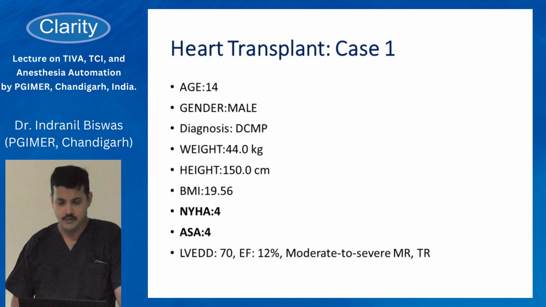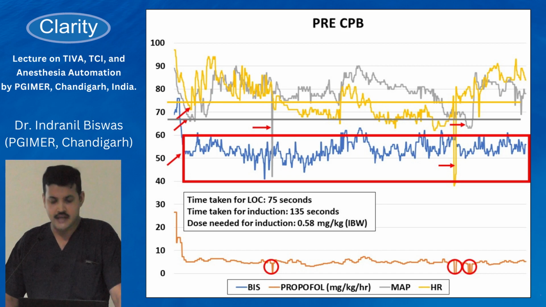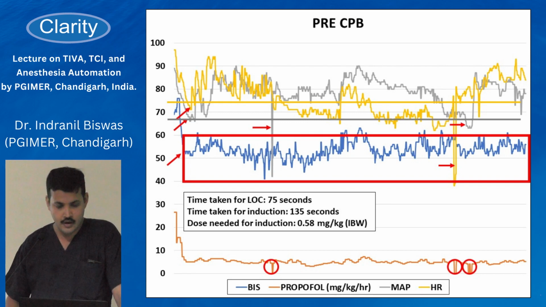So let's see how CLADS performed in the pre-CPB period. This is the time graph of mean arterial pressure, heart rate, BIS as well as the propofol infusion rate of the patient. The gray line indicates the mean arterial pressure, the yellow line is the heart rate, the blue line is the BIS, and the orange line at the bottom depicts the propofol infusion rate.